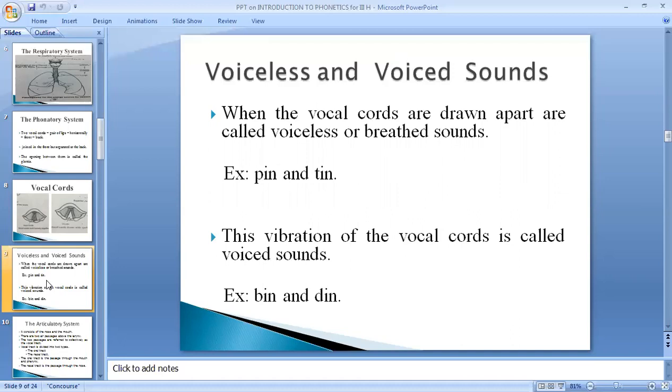When the vocal cords are drawn apart, they are called voiceless or breathed sounds. For example, pin and tin. While producing pin and tin, the vocal cords are drawn apart and there will be no vibration when we produce words like pin and tin.